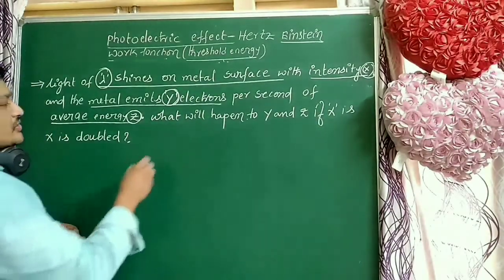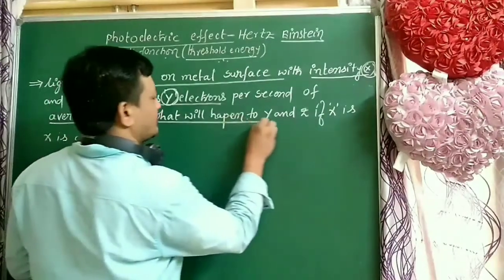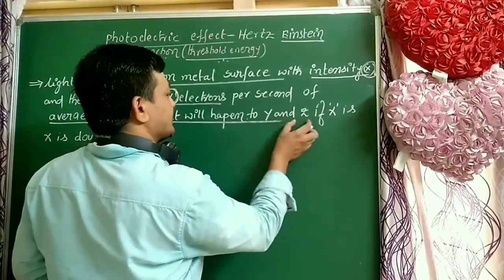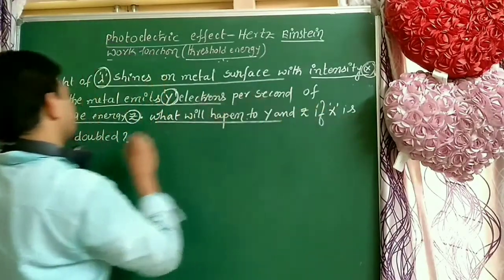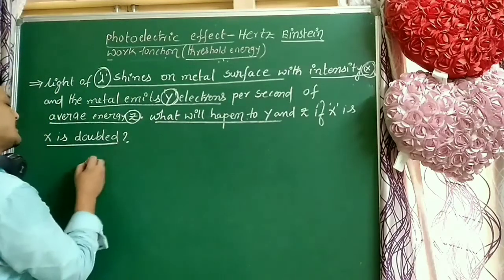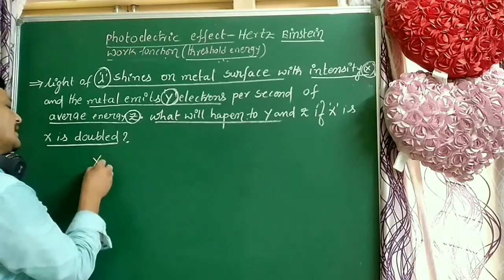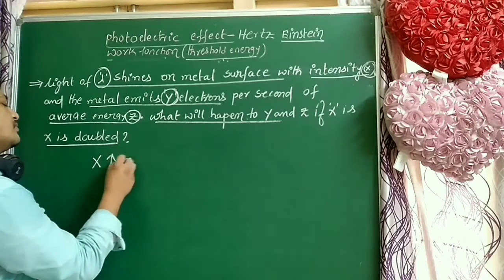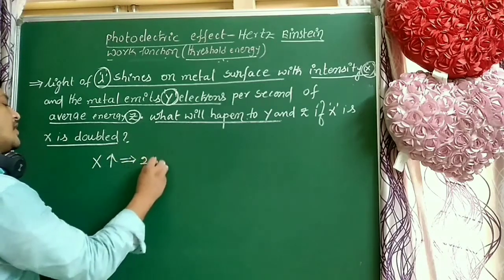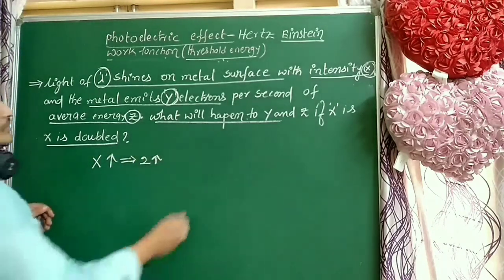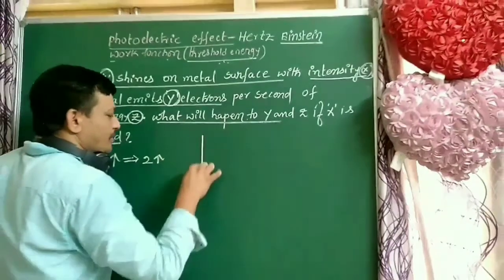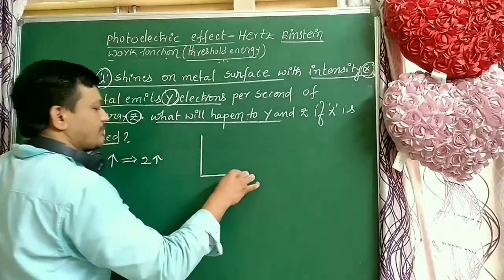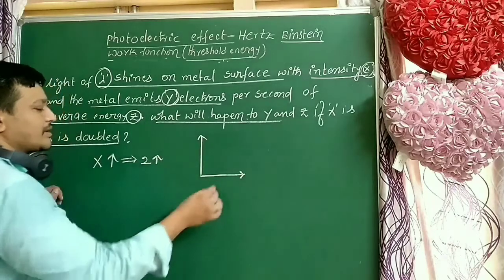So what is the question? What will happen to y and z if x is doubled? X means intensity is increased by 2 times. So the number of photoelectrons emitted from the metal depends on intensity.